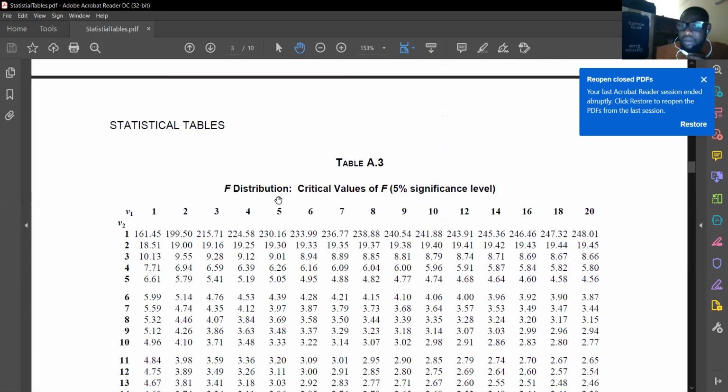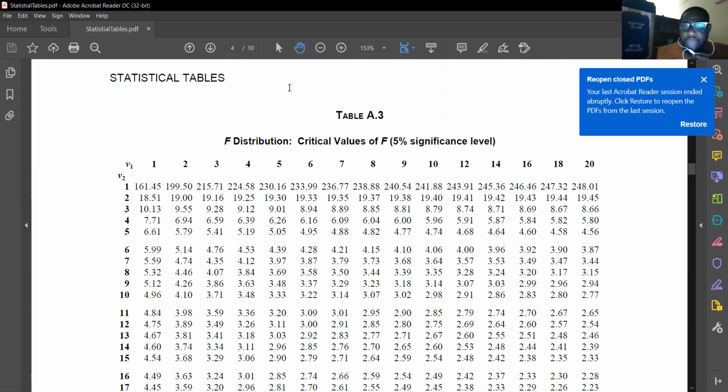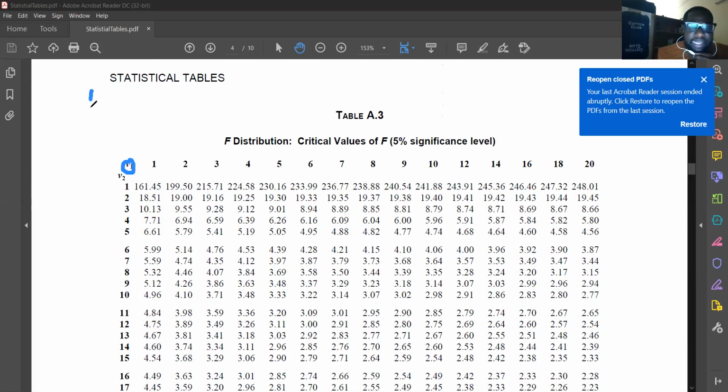Our focus will be on the table indicated as critical values of F, because we are solving for ANOVA and ANOVA is F. When you check this critical value table, you see that they have V1. The V1 here represents the degree of freedom. Per our calculation, we had it to be degree of freedom for between over degree of freedom for within.